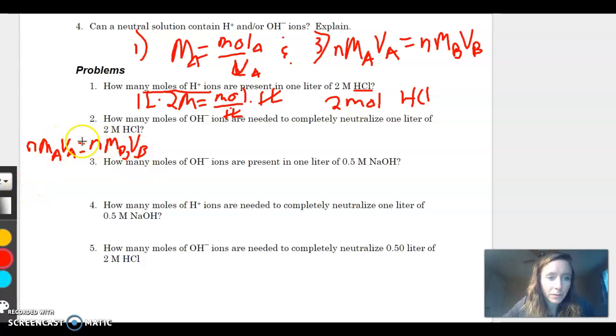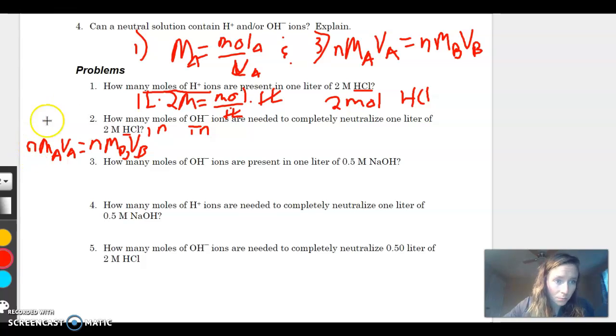So I rewrote equation 3 down here, and I just want to note that it's asking, so you have hydroxide ions, and then you have hydrochloric acid as your acid. So the moles of base, here you would have 1 mole of base, because there's only 1 hydroxide ion in each base, and here you would have 1 mole of acid because there's only 1 H in each HCl.